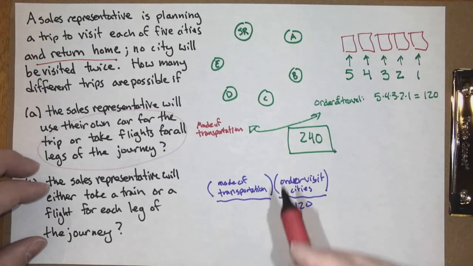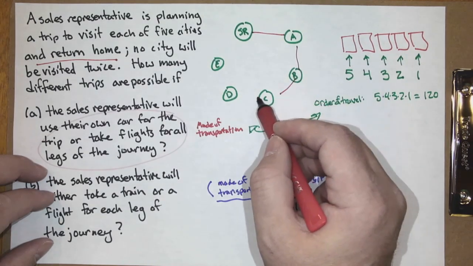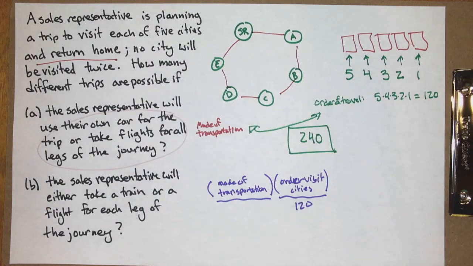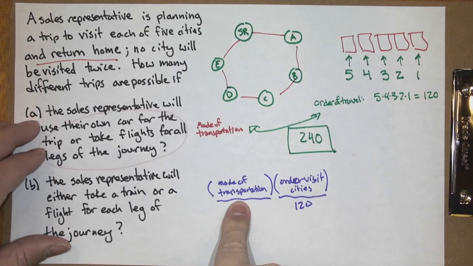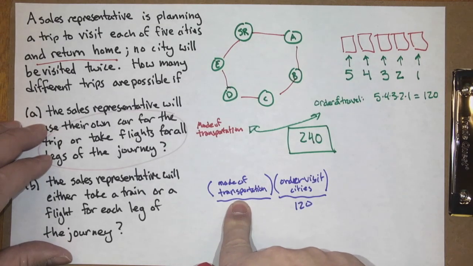So, even if we did something as simple as they went from A to B to C to D to E and back again, that's 6 legs of the trip. Okay, so for each leg of the trip, we have 2 different options. So 6 parts of our trip, 2 options for each part. How many different counts do we have? What's the contribution for our mode of transit from place to place?